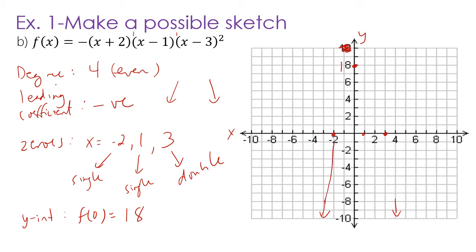So that means I just pass through. That probably means that I'm going to turn back around, but I'll go through my y-intercept and come back around. I just pass through. And then 3 has a double root, so come up to it, touch it, come back down. And there is a possible sketch for f of x.